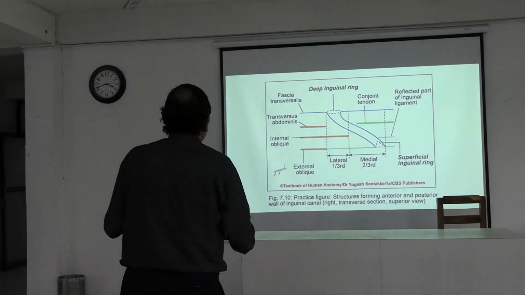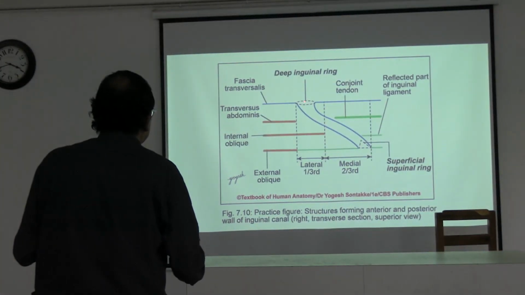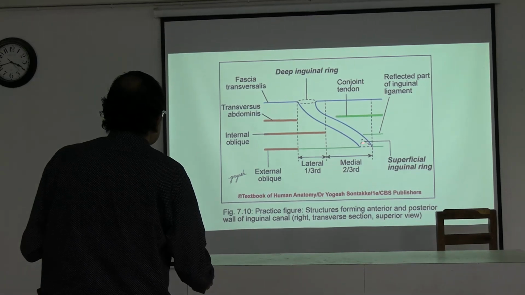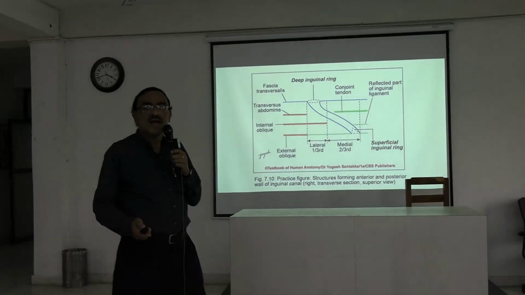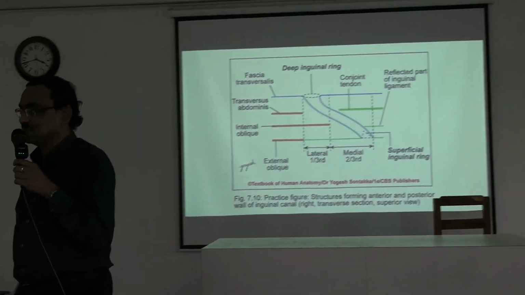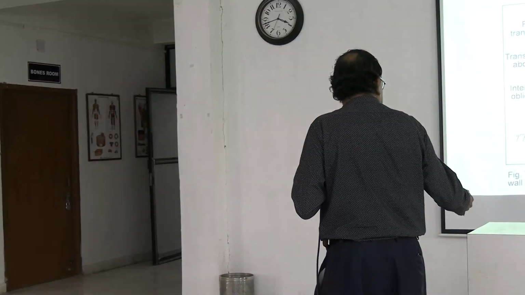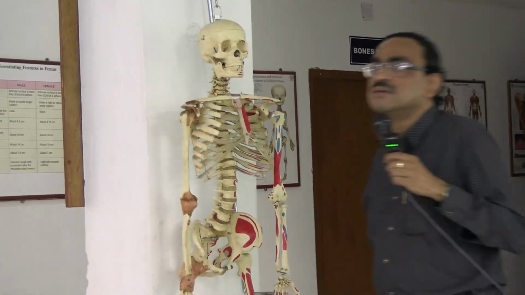Then again there will be a journey of the testis, it will go down and reside at the superficial ring. When? At 9 months. And just before birth, it will come out of the superficial ring and enter into the scrotum or the scrotal sac.